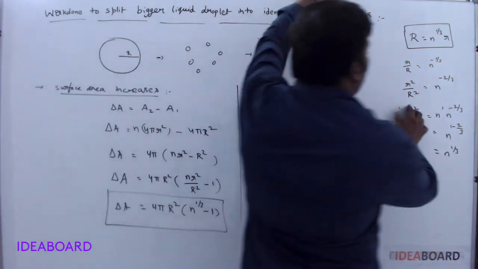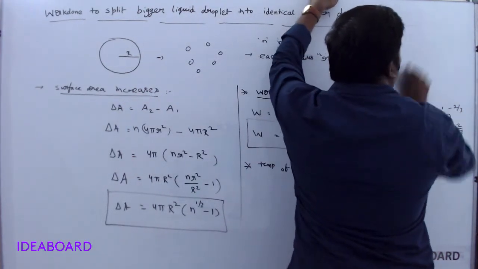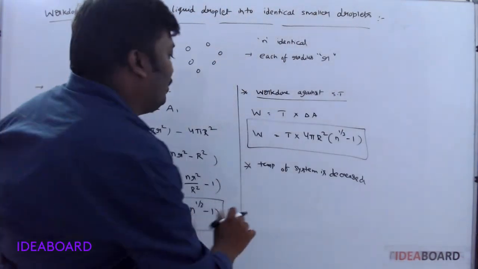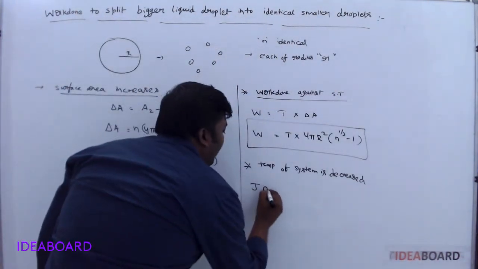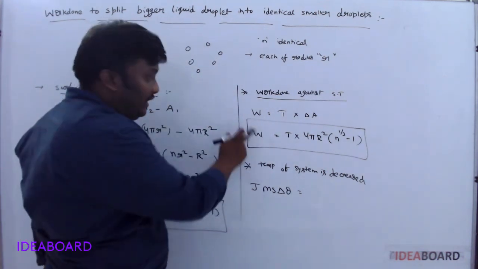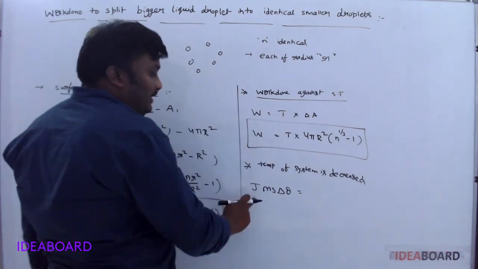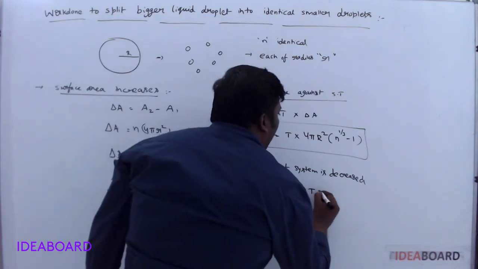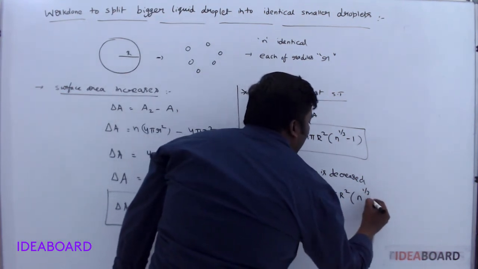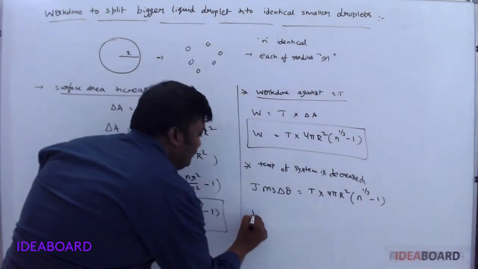In order to get the temperature, we know the relation of work and temperature: W is equal to J into m s delta theta. In calorimeter also we did discuss. J m s delta theta is equal to T into 4 pi r square n power 1 by 3 minus 1.